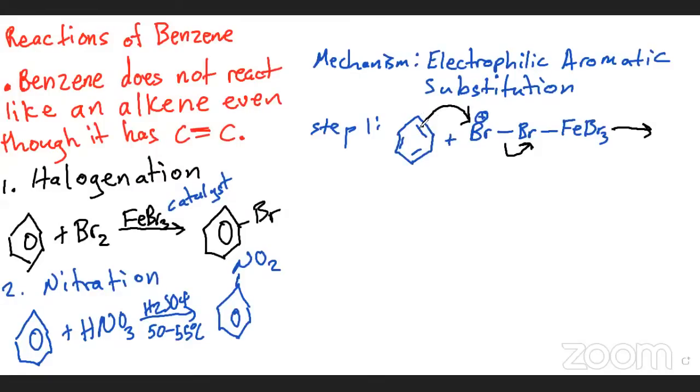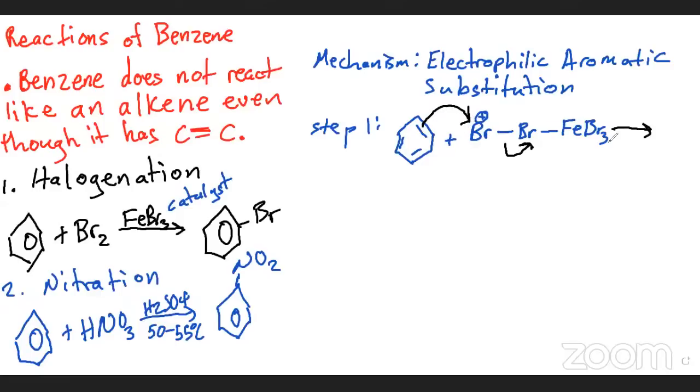Remember, whenever you're moving a pair of electrons, you must use curved arrows. In reaction mechanisms, you have curved arrows and you have fish hooks. When you're moving a pair of electrons, it's the curved arrow, and you start from where the electrons are. So we're moving a pair of electrons from the double bond to this bromine. So that is why you have the movement like that.